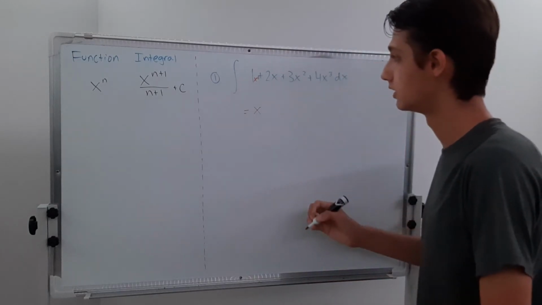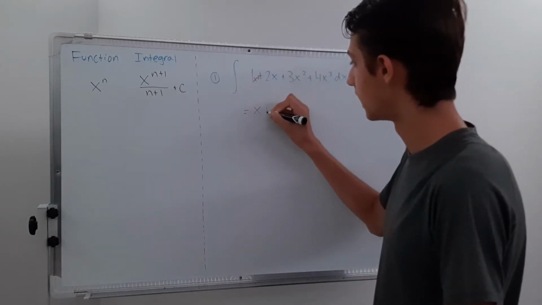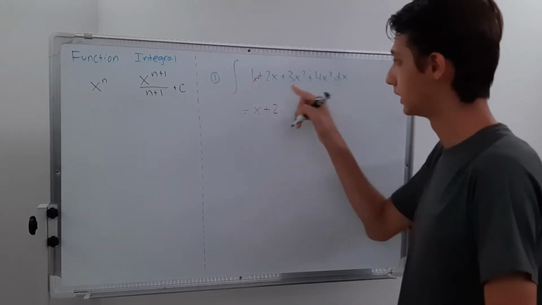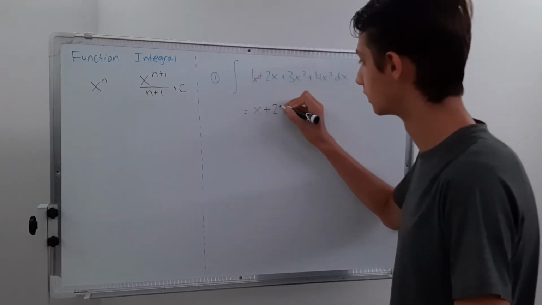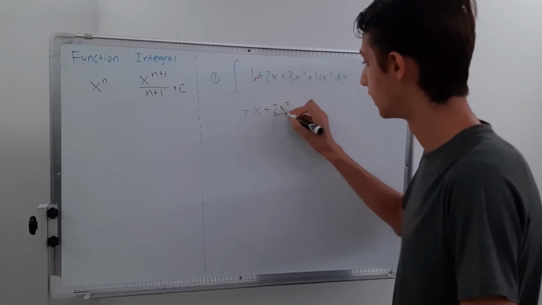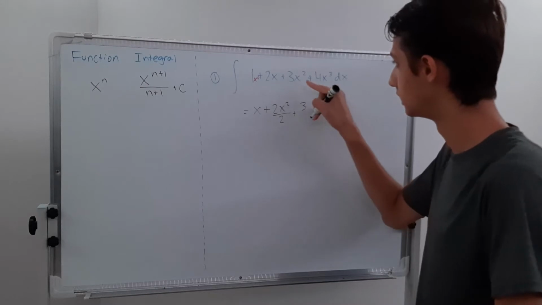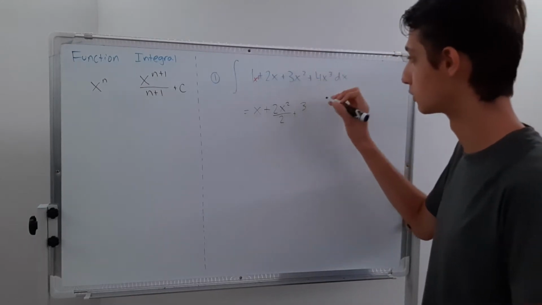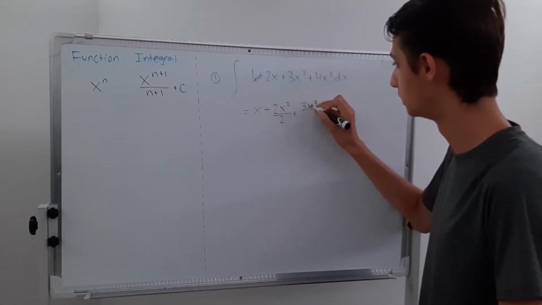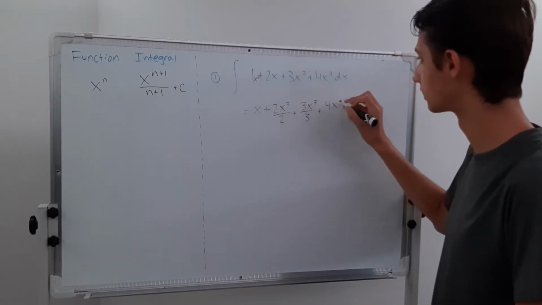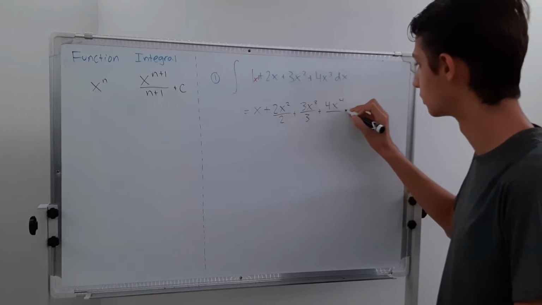So that's going to turn into x, and then we have this 2, we leave the 2, we add 1 to the exponent, and this is going to turn into x squared divided by 2, plus this 3, we add 1, 2 plus 1 is 3, so this is x cubed divided by 3, then we do the same thing here, x to the 4th over 4.